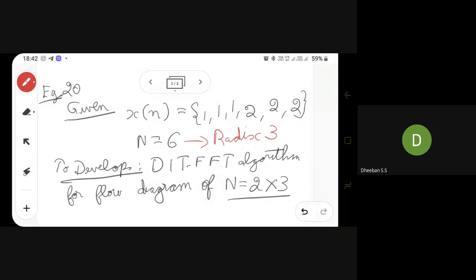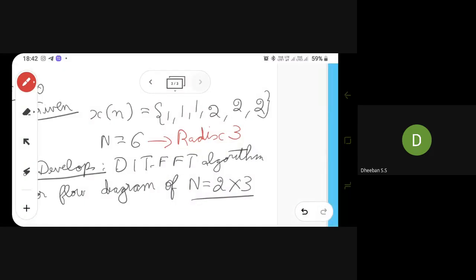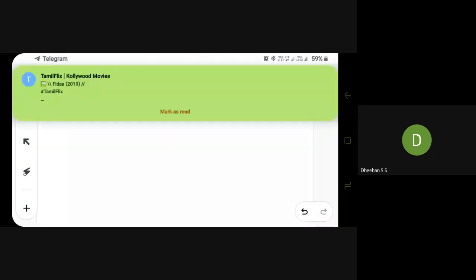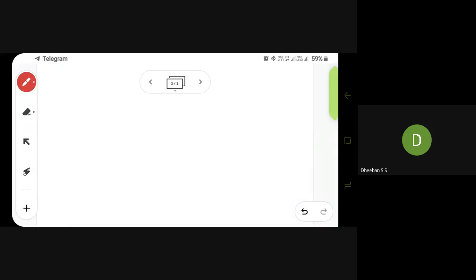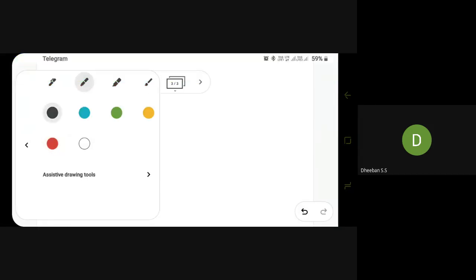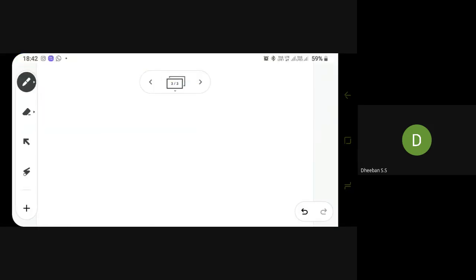Here, in the solution, they have asked you to decompose into N equal to 2 times 3.